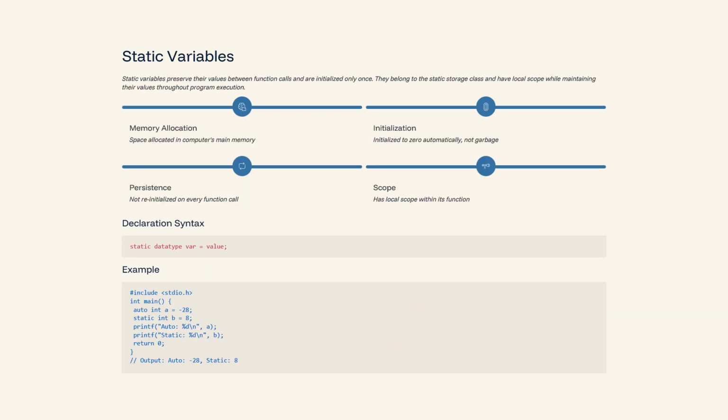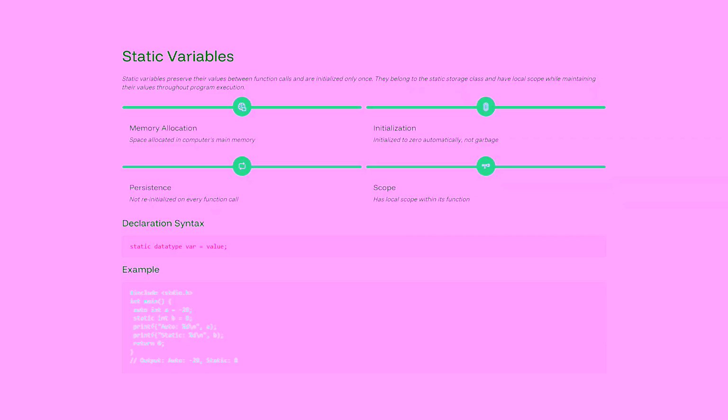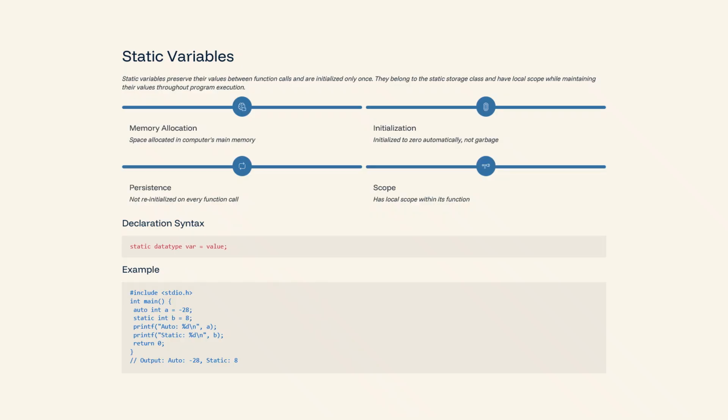Now we will see static variables. A static variable keeps its value between function calls. When I shift from one function to another, it retains its value.